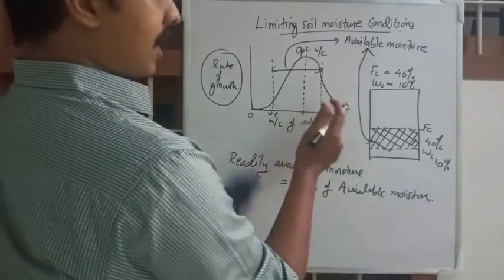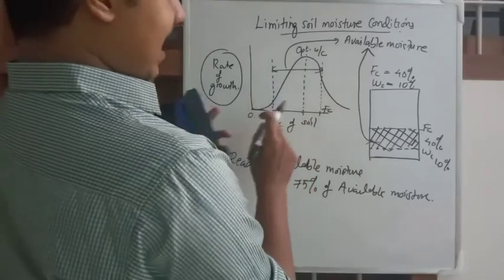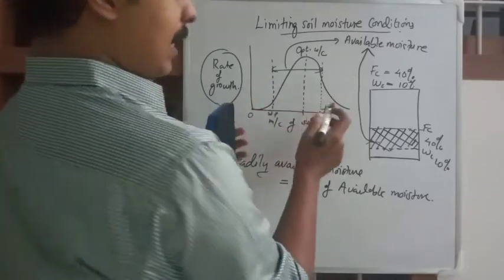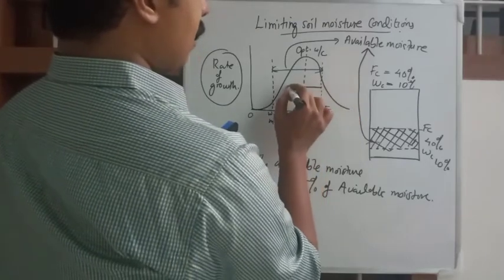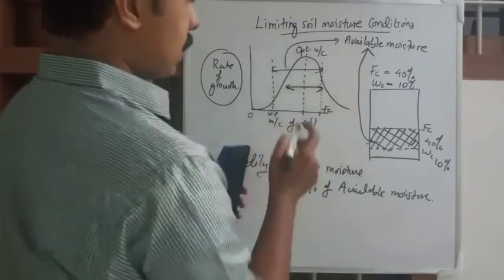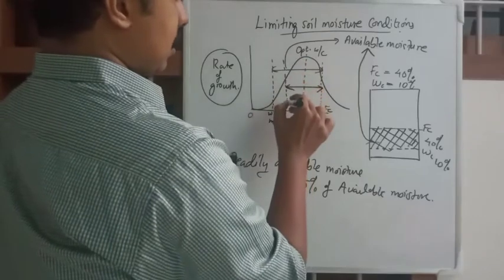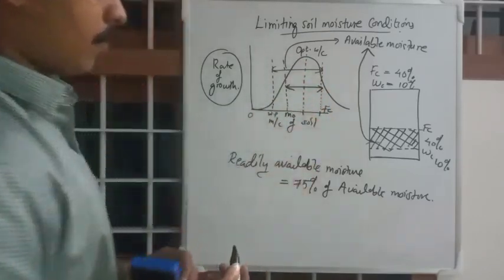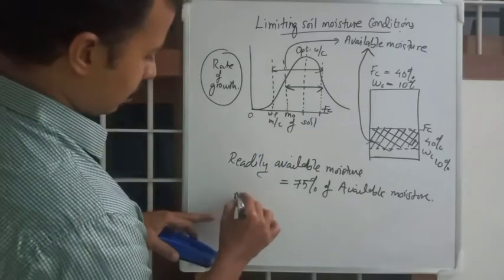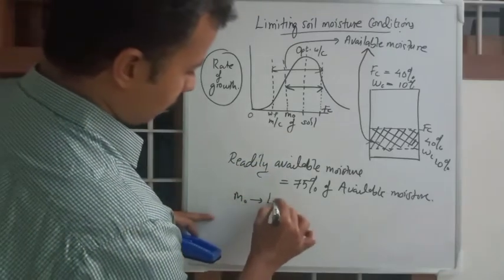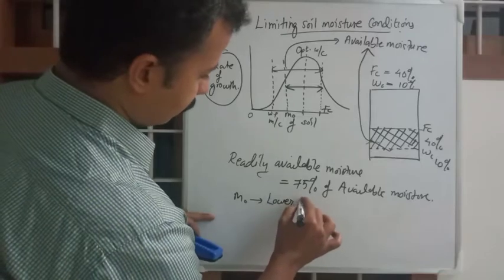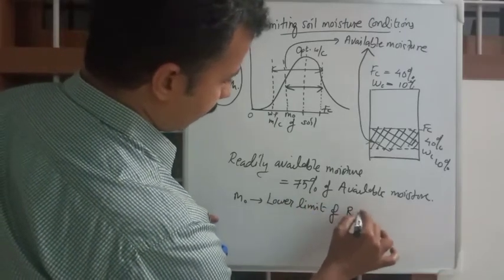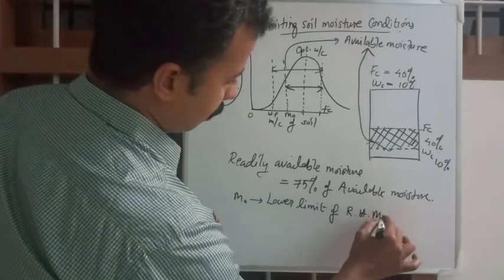So that 75% we can take from the wilting point or field capacity. Obviously it will be taken from field capacity, because suppose this is point M0, and M0 is the lower limit of readily available moisture.